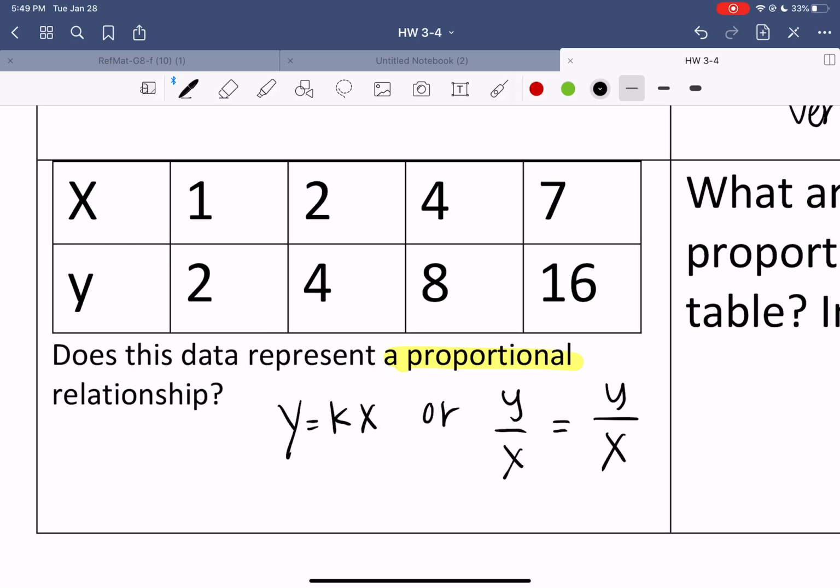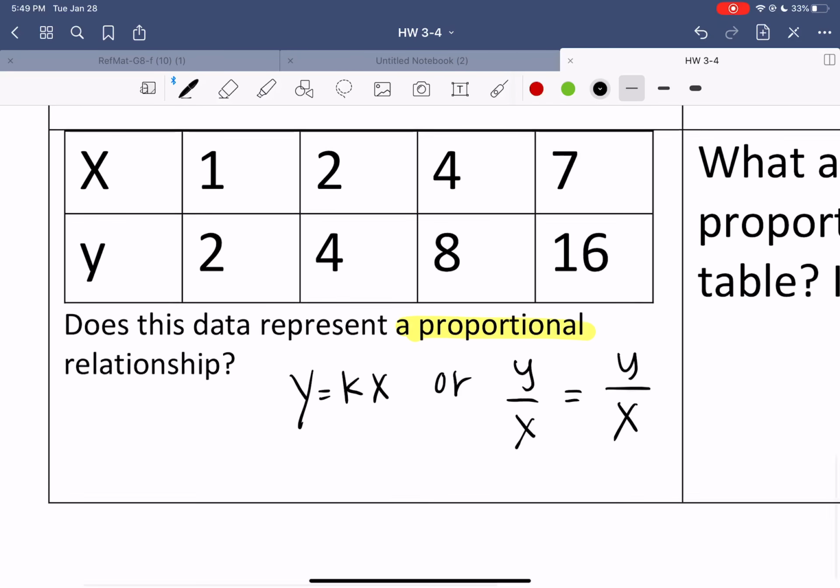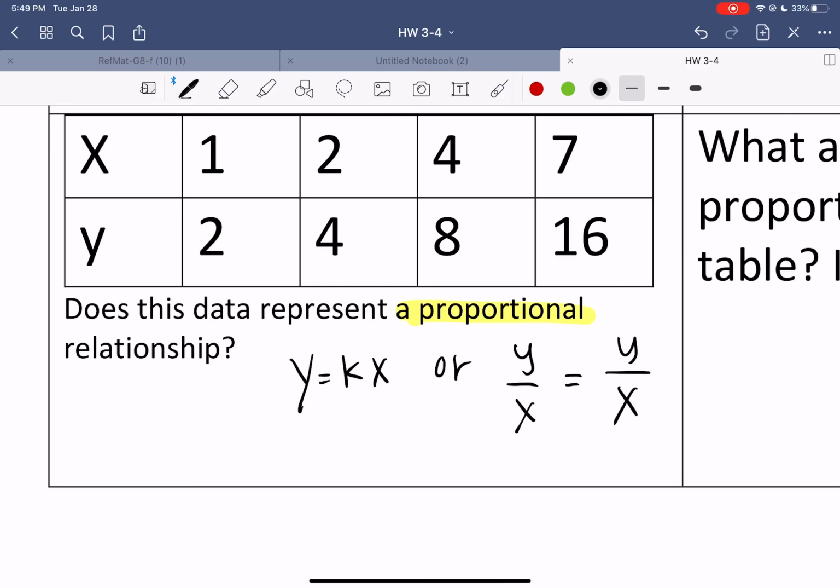So I'm going to show you both ways here. You would have to check all of the points. I think personally this one right here is easier.